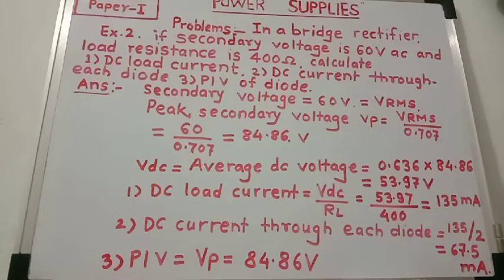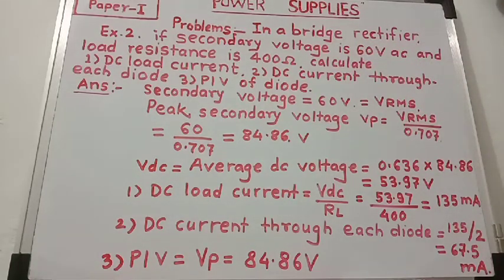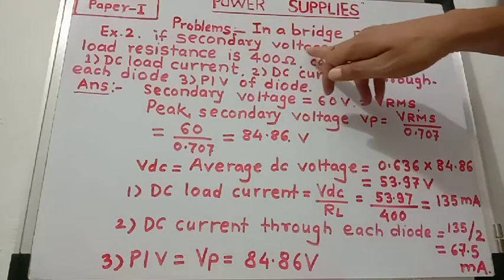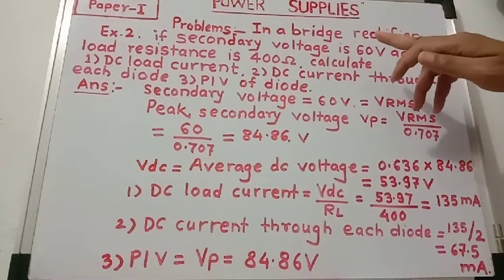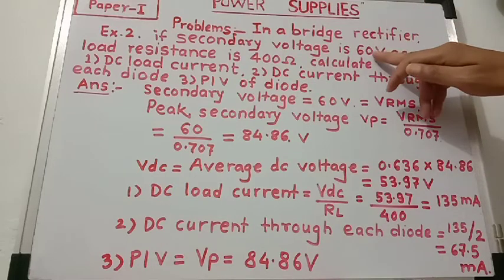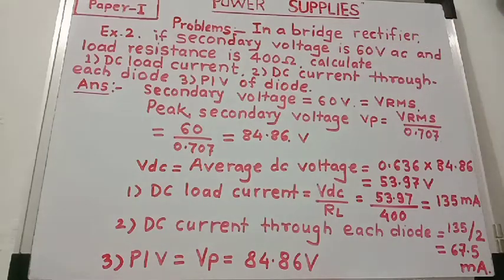Okay, so the bridge rectifier circuit is given and its secondary voltage is 60 volt AC. First we have to convert the secondary voltage, which is 60 volt and is called the RMS voltage, VRMS, into peak voltage.